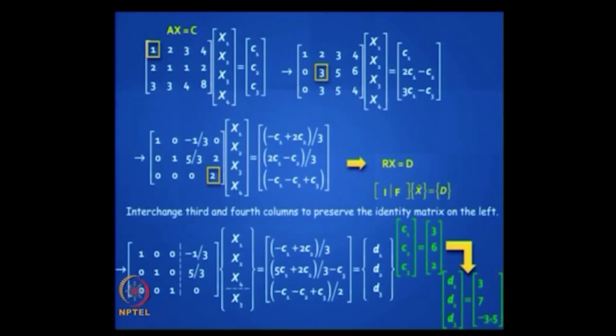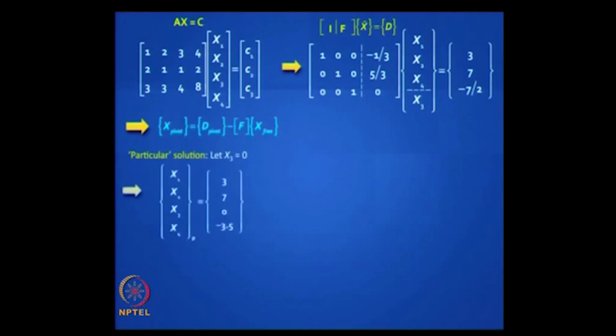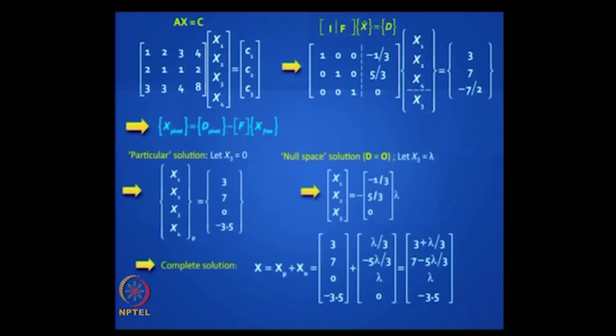And if your constants have numbers like 3, 6, 2, after your elimination they look like 3, 7 and minus 3.5. You solve this, find the particular solution, find the null space solution, and it's similar to the first type of problem except consistency is not there.